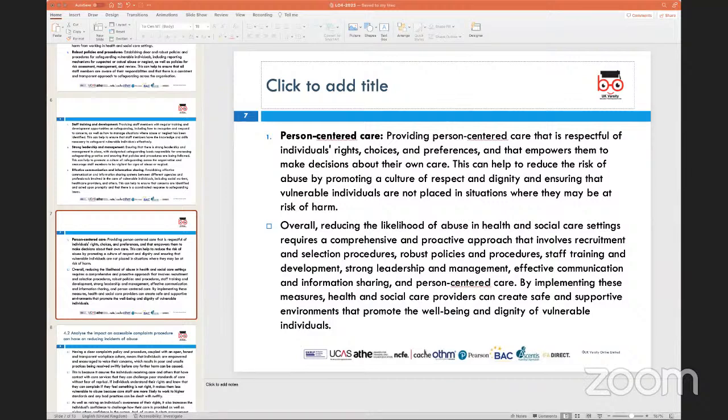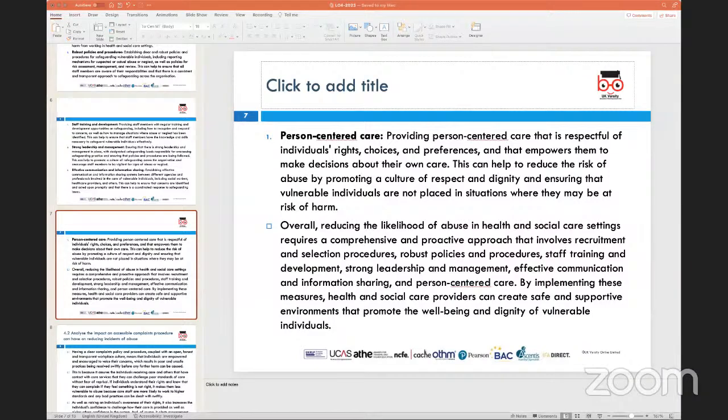Even though the elderly have full freedom and all the rights being provided, they are not being put in harm's way. And this approach of person-centered care is a holistic approach to care, taking into account the physical, emotional, social, and spiritual needs of the individual who is receiving care within the elderly home or care home, in this case, the elderly people.